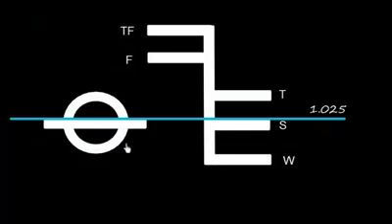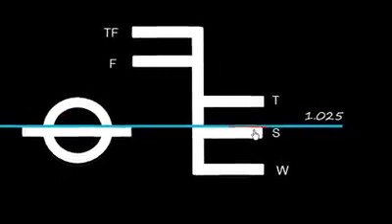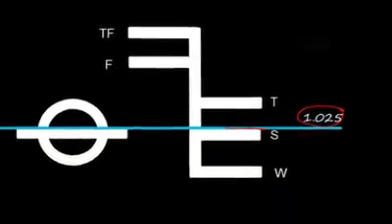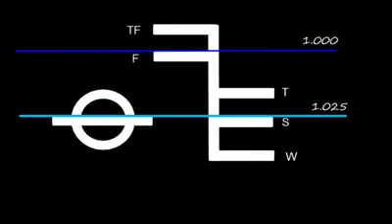Now let us understand this concept. A vessel can be loaded up to the summer load line, that is the upper edge of the summer load line, and we say that the density is 1.025. However, we also know that this is the F mark.